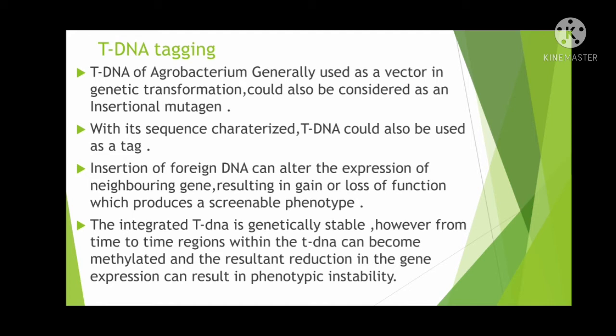Insertion of foreign DNA can alter the expression of a neighboring gene, resulting in gain or loss of function, which produces a screenable phenotype. The integrated tDNA is genetically stable. However, from time to time, regions within the tDNA can become methylated and the resultant reduction in gene expression can result in phenotypic instability.